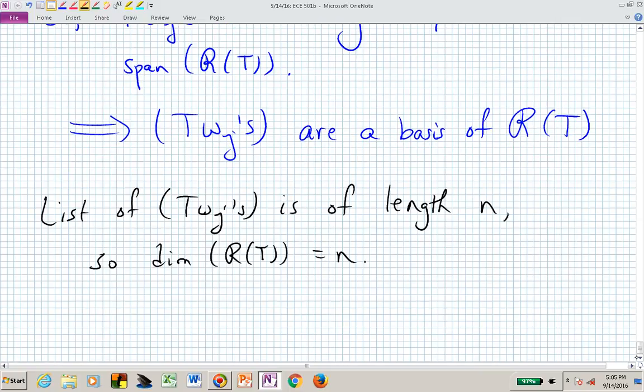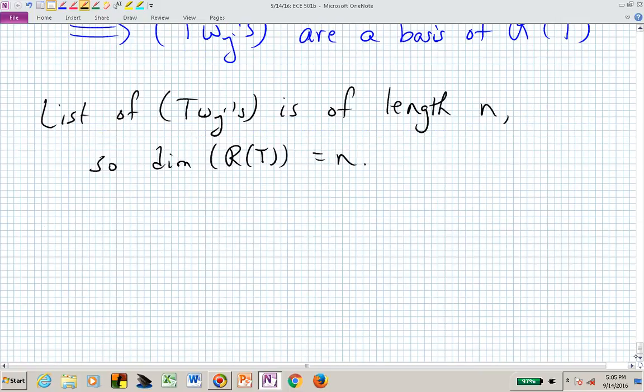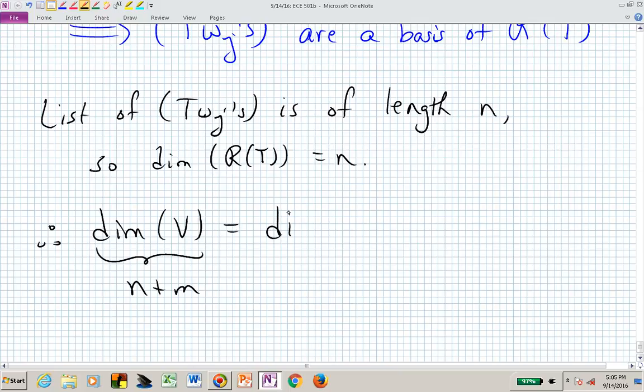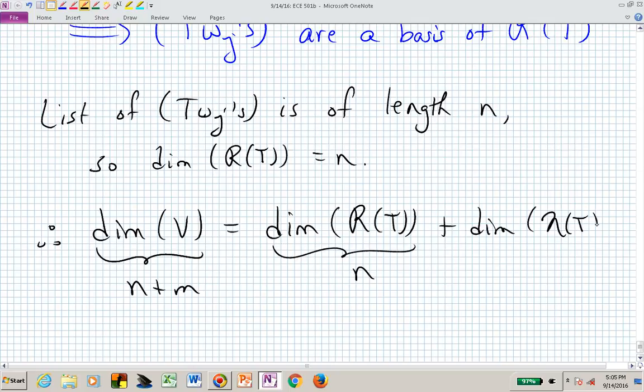So now we have shown that the dimension of our input vector space V, which is n plus m, is equal to the dimension of the range of T, which was n, plus the dimension of the null space of T, which is m.